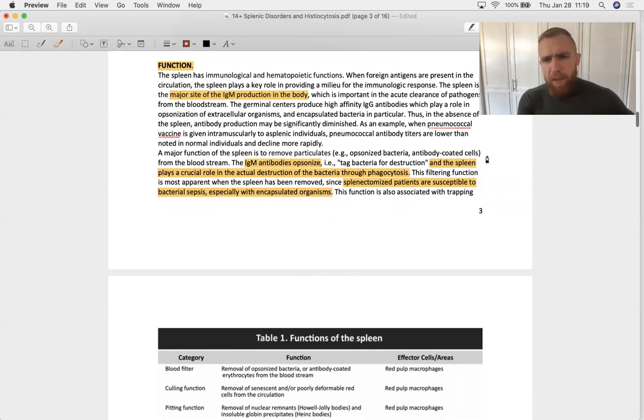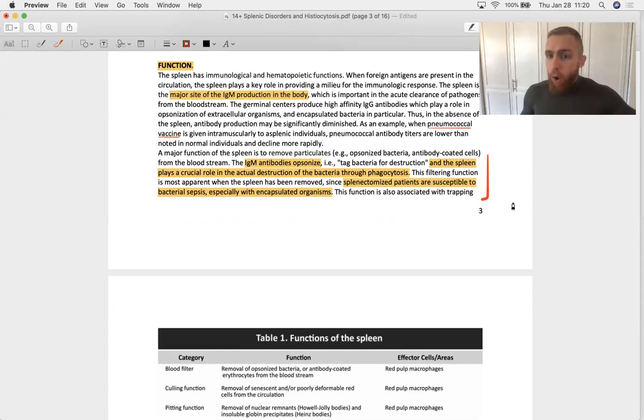So this is where the SDL talks about encapsulated bacteria. What a capsule does for a bacteria is it makes it slippery, like, you pick the bacteria up and it just falls out of your hands. It's that slippery.